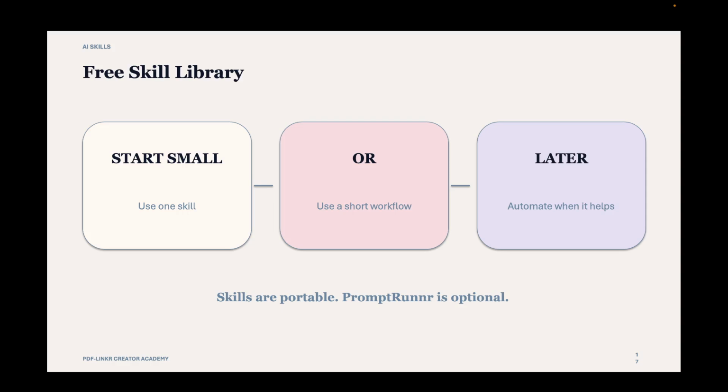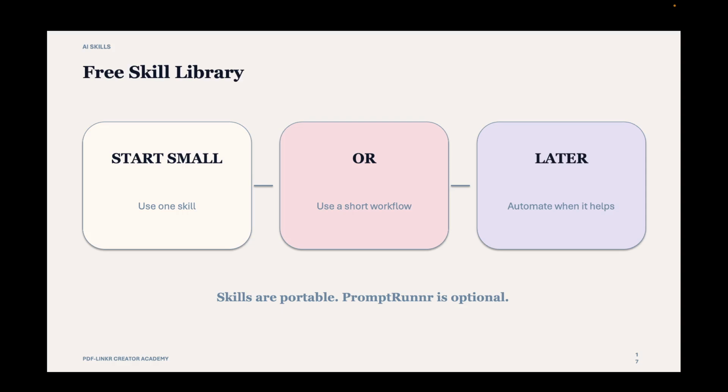You don't have to make a skill for everything. Skills are portable, meaning you can use the skill.md file in Claude, in ChatGPT, in Gemini, I think. Haven't tested, but they're portable. You can use them in whichever AI you are comfortable with.